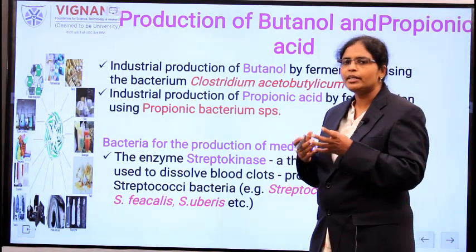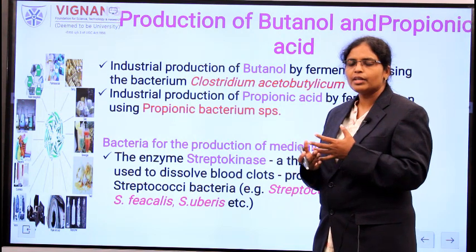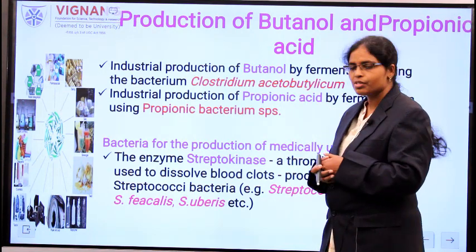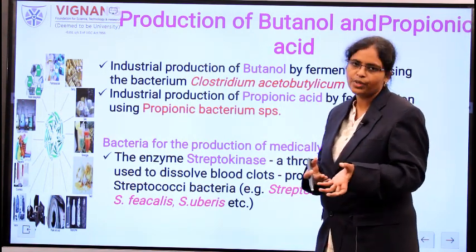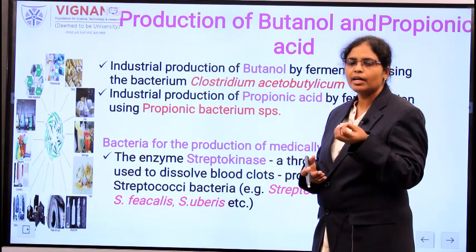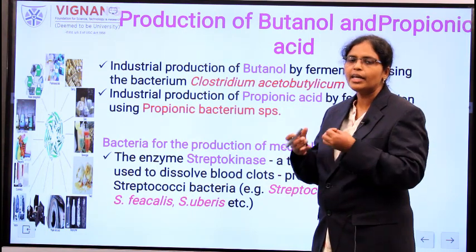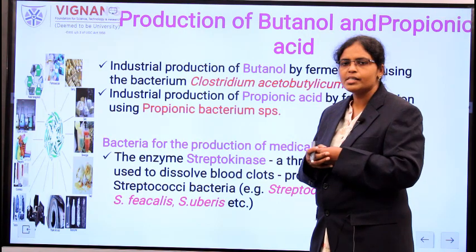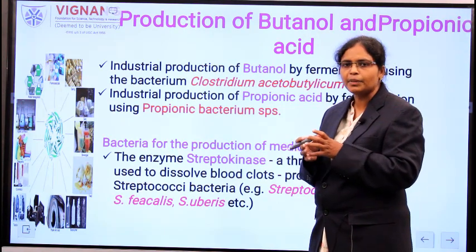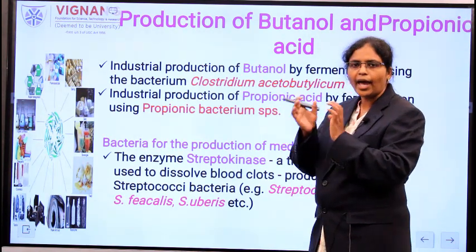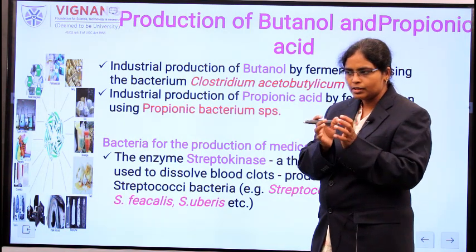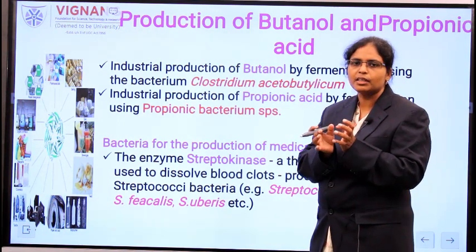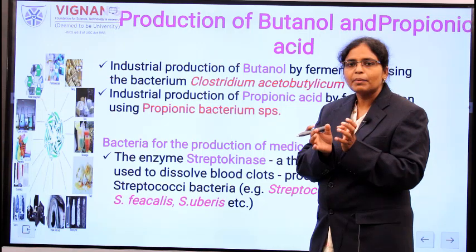They play a role in the leather industry, textile industry and detergent industry. Whatever detergents we are using, Ariel and Tide, everything contains enzymes. What is the role of these enzymes in the detergents? These enzymes act on the substrate material. The substrate is nothing but lipids, nothing but stains.